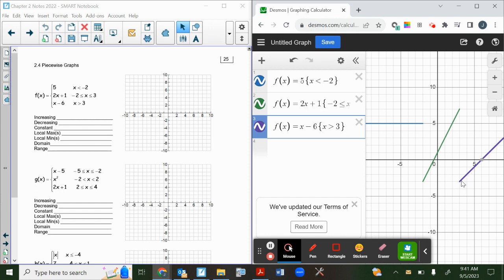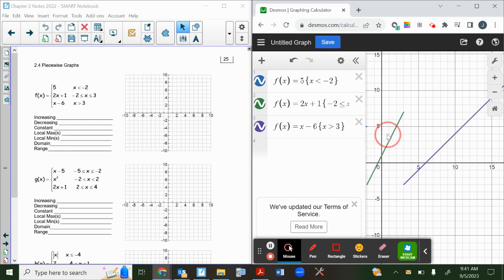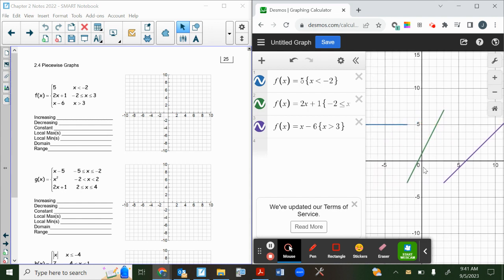You can see it takes this piece at 3. Look, it even says it's undefined if I click on the point, and then it just keeps going forever. So this whole graph is the piecewise function. That's my Desmos explanation of what's happening: you have the full line graphed, but you're only taking a piece of it.